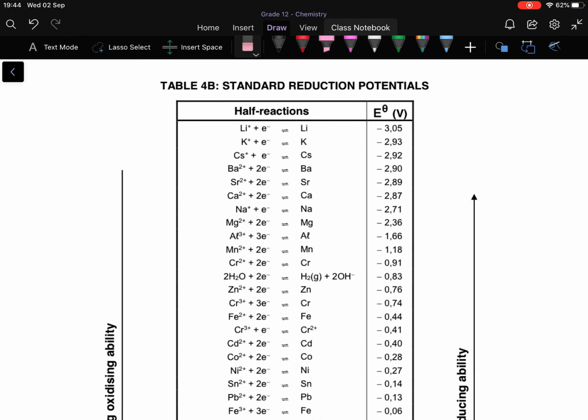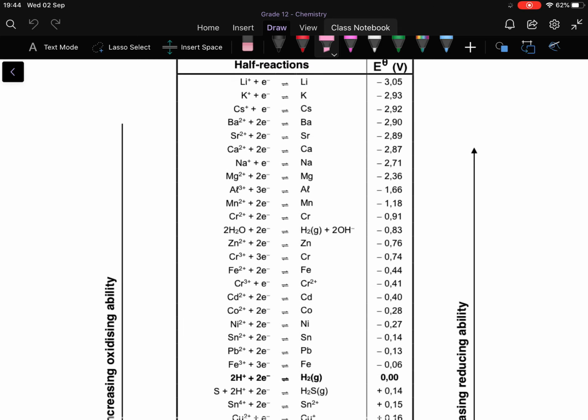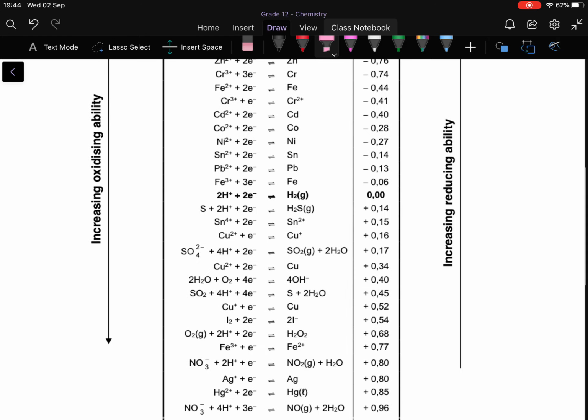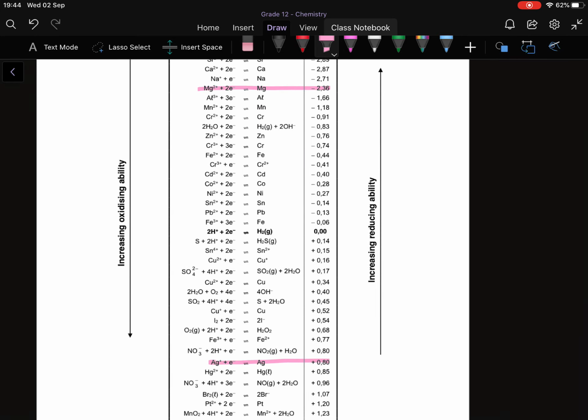So, I look on my redox table and let's find the magnesium and the silver. There's the magnesium, minus 2,36. We're also using silver. Silver's over here. Ag plus goes to Ag. There's the magnesium.